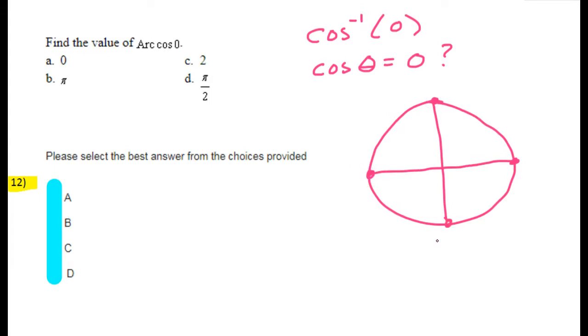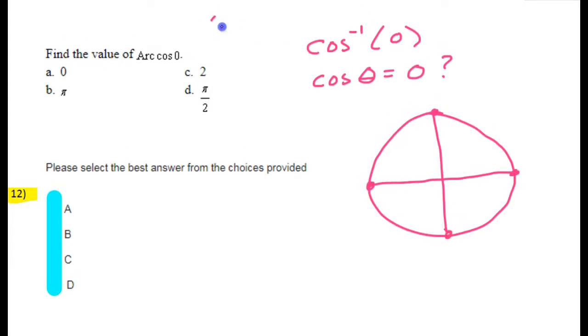So remember, cosine is an x value. Alright, so the question is, where will the x values be 0? Well, the x values will be 0 right on the y-axis.